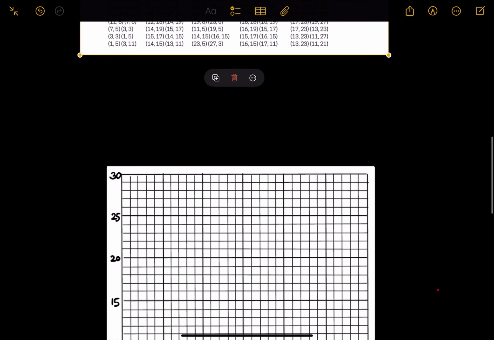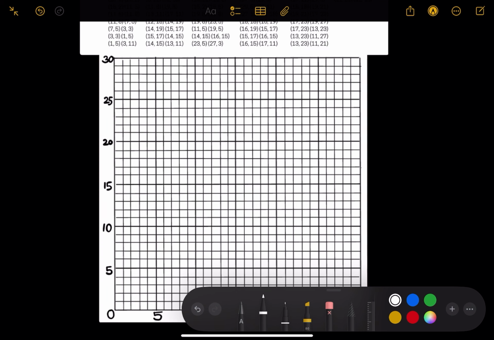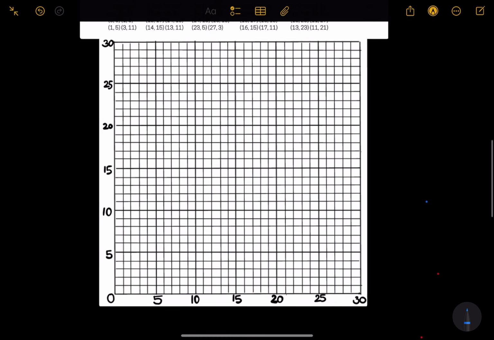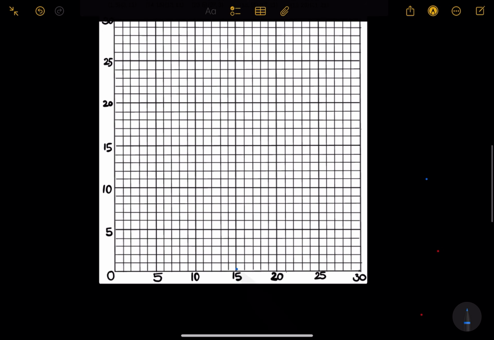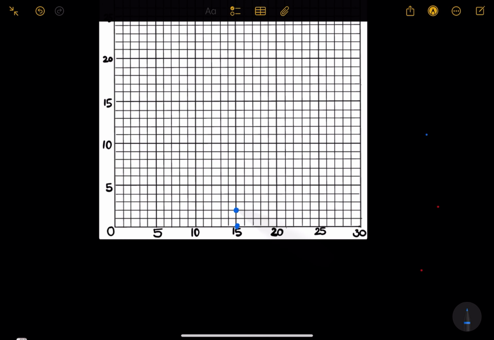You're gonna plot that point. Let's move it up a little. Okay, so we're gonna get our marker. Let's do blue. So 15, 0. It's 15 to the right, and it's 0, so it stays there. Then 15, 2.